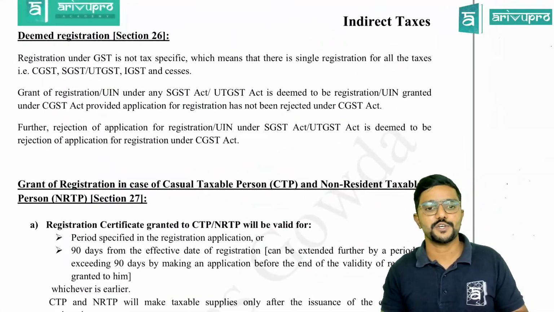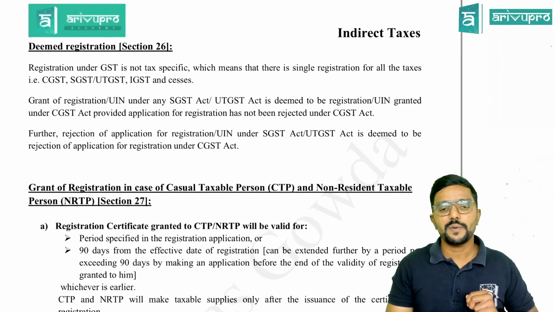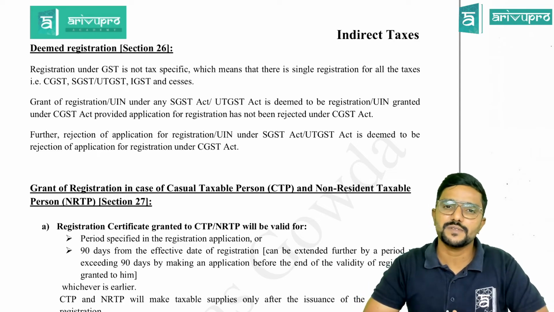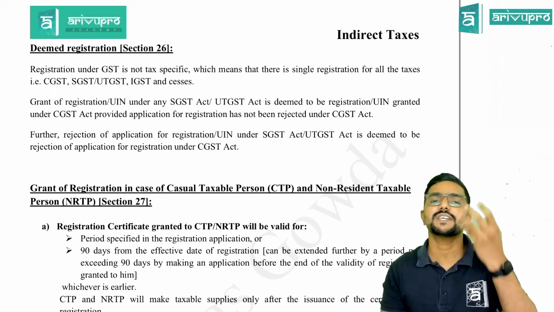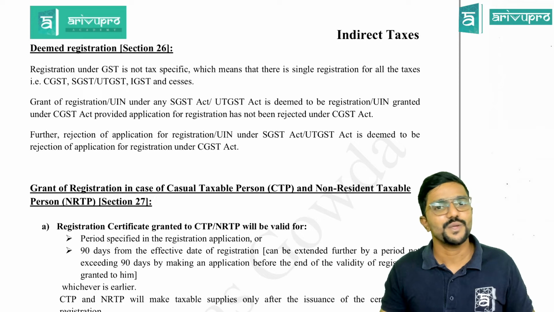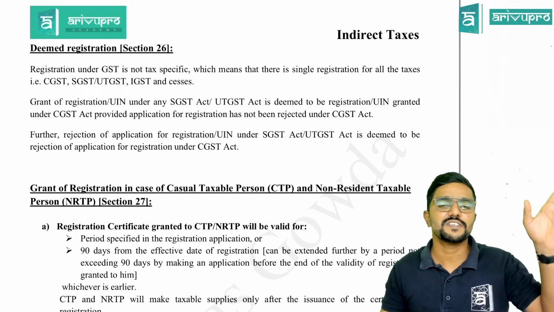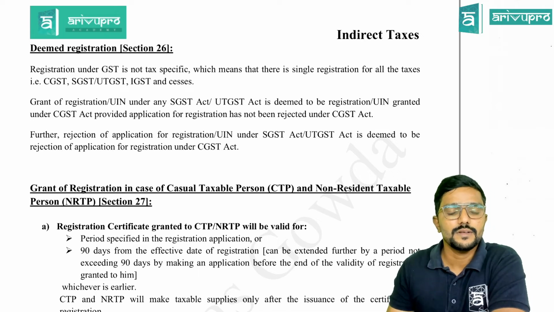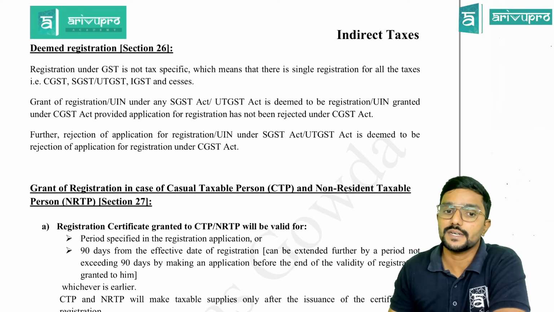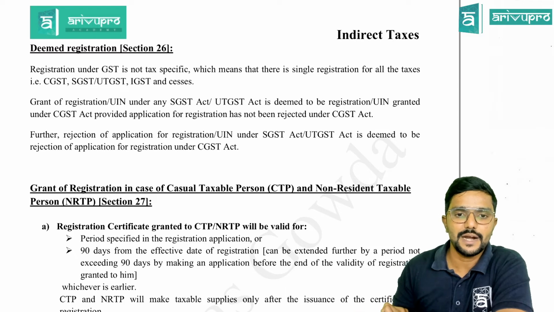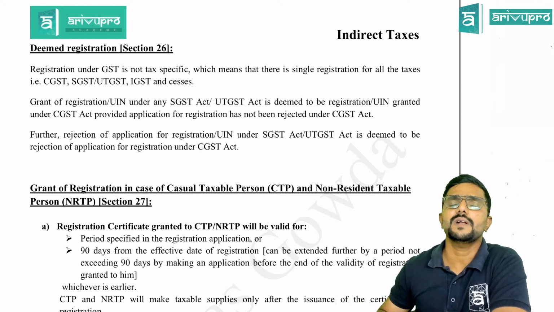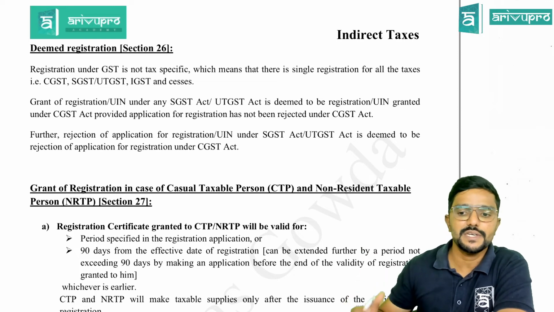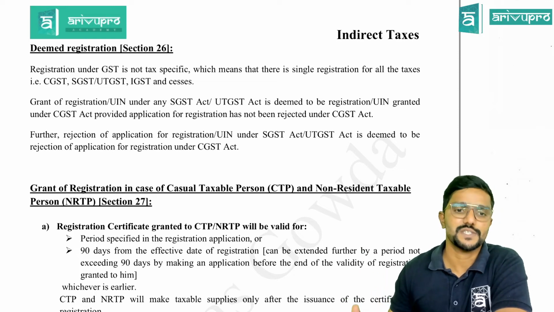Then deemed registration, Section 26. Section 26 is telling, if you have taken a registration under the respective state, it is understood that you are registered under CGST also. Clear? You need not apply for CGST registration separately. Registration under GST is not tax specific, which means that there is a single registration for all the taxes, that is CGST, SGST, UTGST, IGST and cesses.